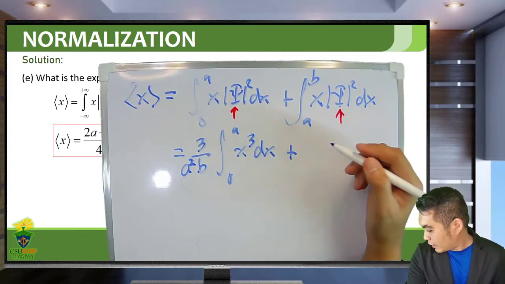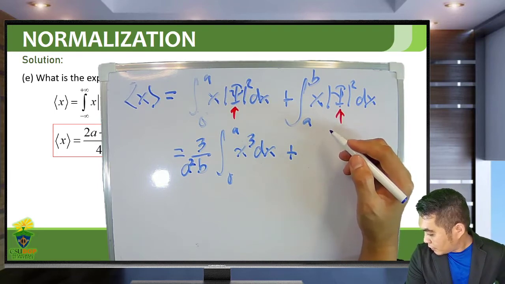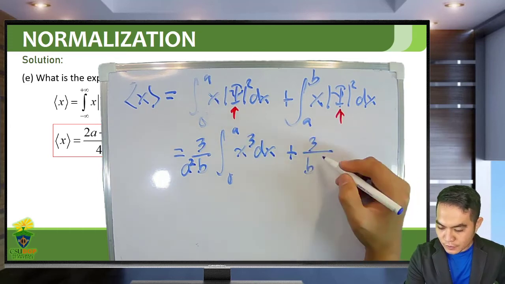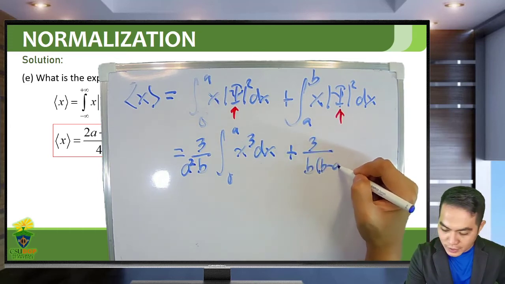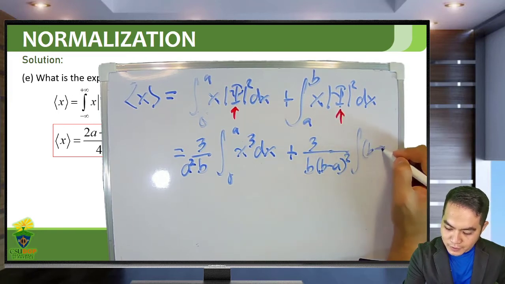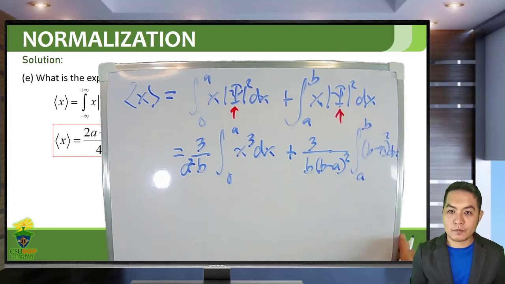And for the integral from a to b, you still have the factor 3 over b, and then you will have the b minus a squared factor, and inside the integral will be b minus x squared dx from a to b.